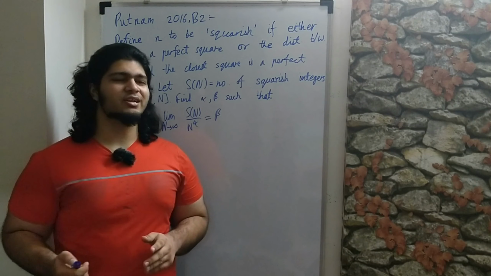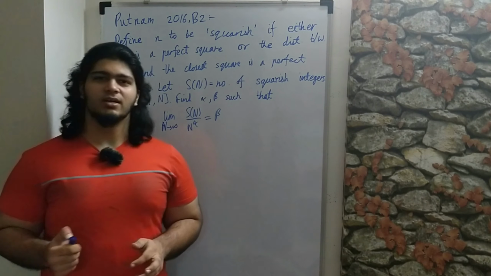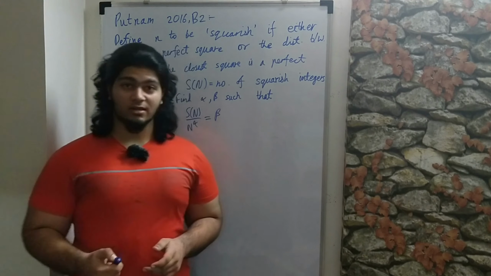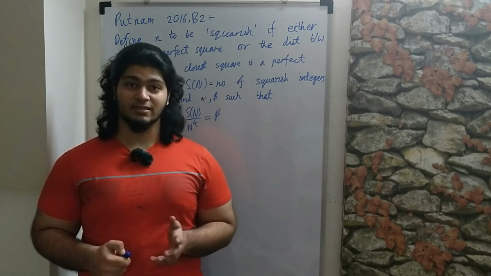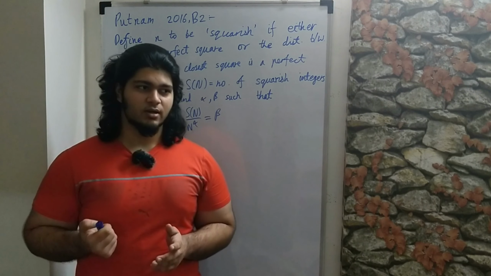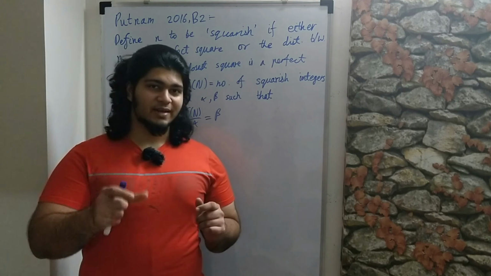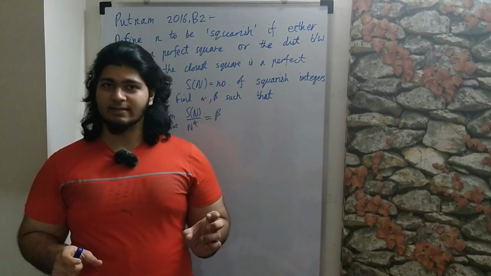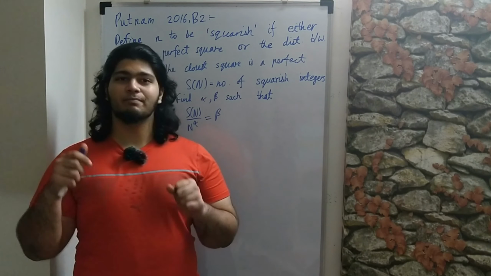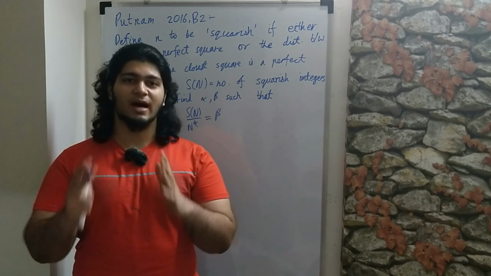But that is actually a problematic method because it's not really easy to determine when a particular integer is a squarish integer or not. Instead, what we could do is go to every perfect square between 1 and N, and ask it how many squarish integers do you have.